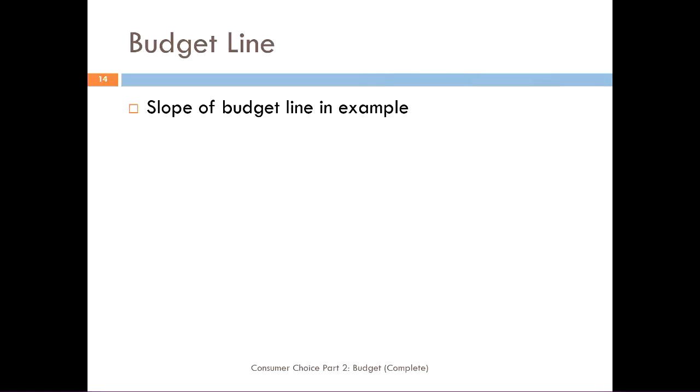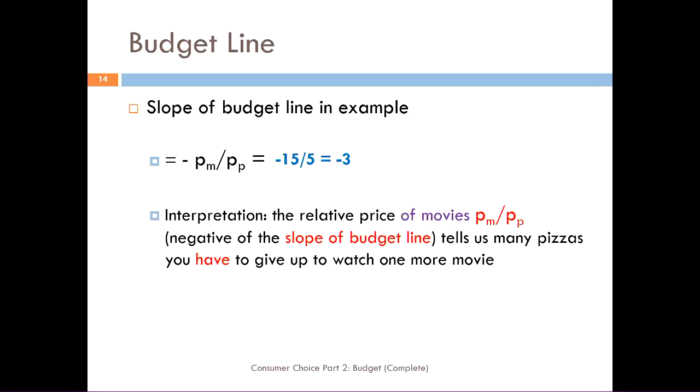Okay. So in our example for the movies and pizzas, remember, movies cost $15, pizzas cost $5. So we know the slope of the budget line is minus 3. So the interpretation of this you can give is to notice that movies cost 3 times as much as a pizza. That means if you watch one movie, you've given up 3 pizzas that you could have bought.